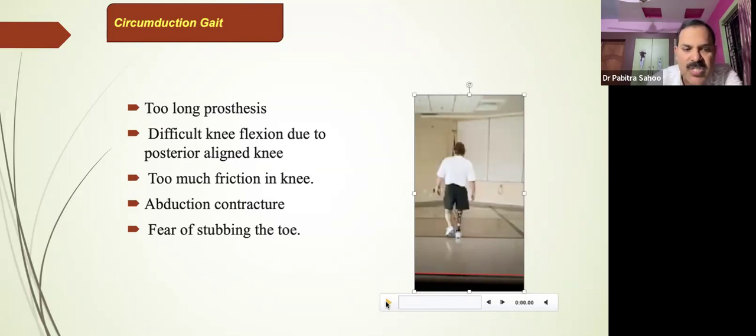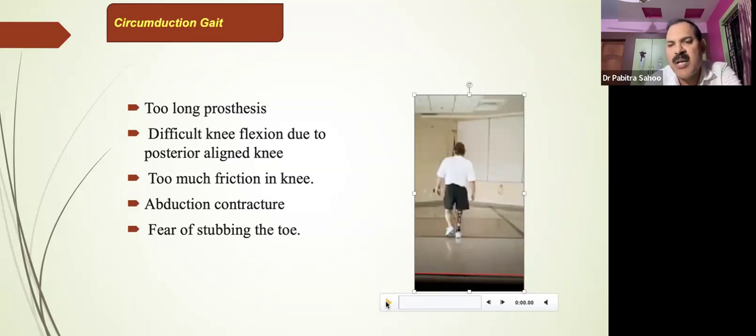So what are the possible causes? There may be poor hip flexors. We need good hip flexors for ground clearance. As the natural knee flexors are not there in the knee, the patient tries to clear the ground by flexing at the hip joint level. If hip flexors are poor, the patient will have a circumduction gait.